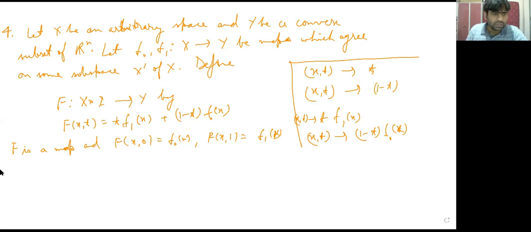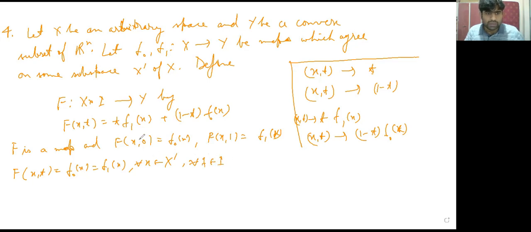And F(x,t) equal to t times f naught x equal to f1 x for every x belonging to x prime, because f naught and f1 agree on x prime.